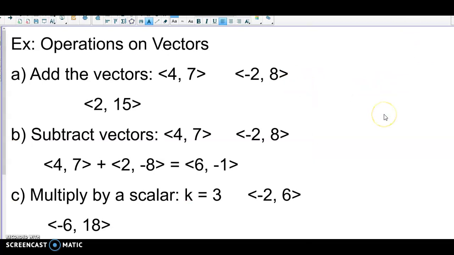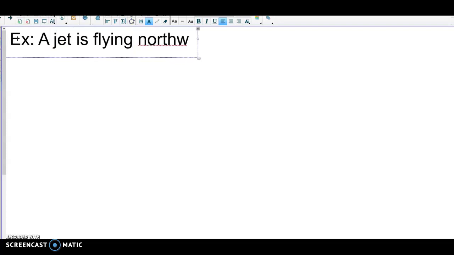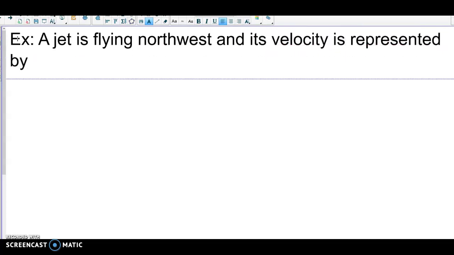It's when we get into finding the magnitude and direction of the sum that it can be a little bit challenging, and that's where we're headed for this next example. Okay, so a jet is flying northwest and its velocity is represented by -400 miles per hour.